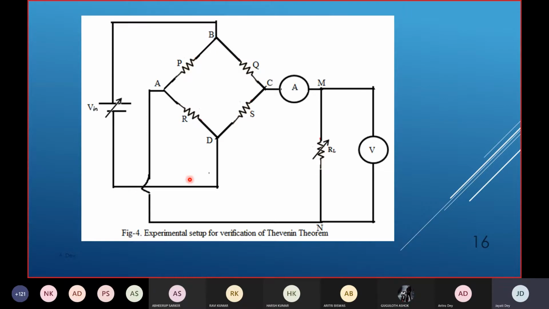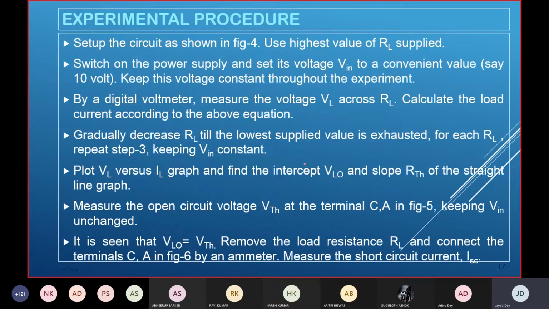First of all, in the experiment, RL we are going to vary. We are measuring the voltage across this RL, which gives us VL, and the current flowing through RL. This ammeter gives us the reading of IL and this voltmeter gives us the reading of VL.